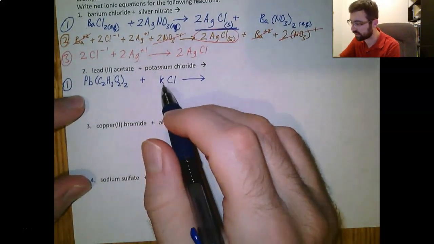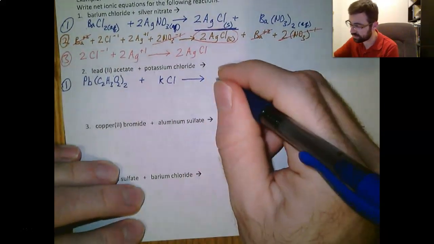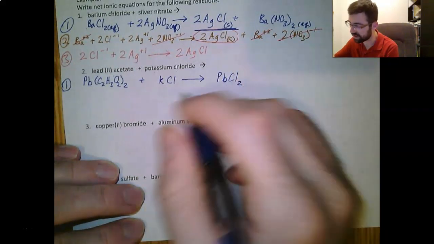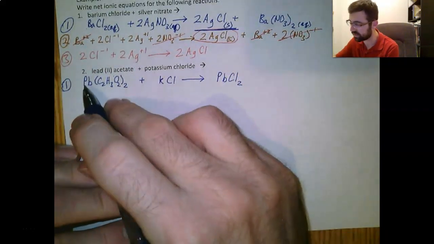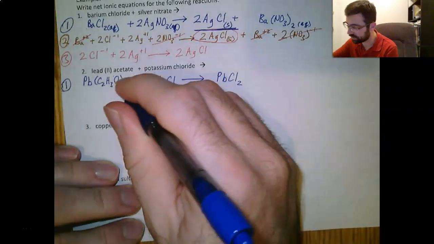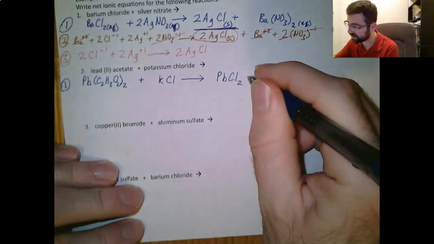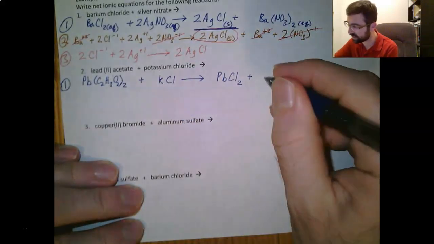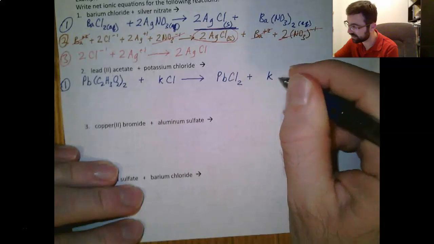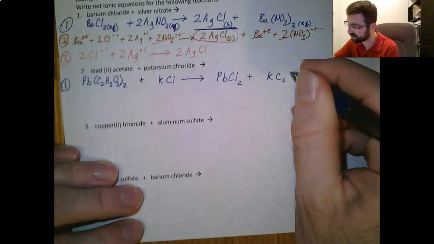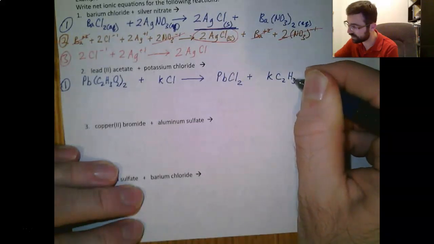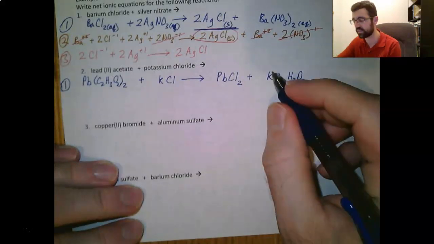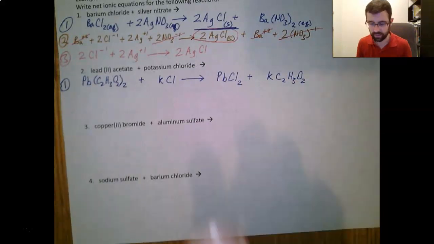So if lead gets with chlorine, that's going to be PbCl2 because Cl has a negative 1 charge. Lead has a positive 2 charge. Plus, over here, potassium gets with acetate, so that's going to be KC2H3O2, and because acetate has a negative 1 charge and potassium has a positive 1 charge, we're good. We're done there.